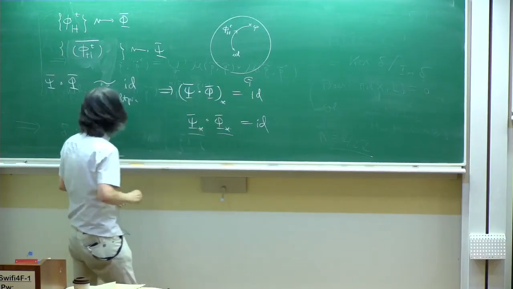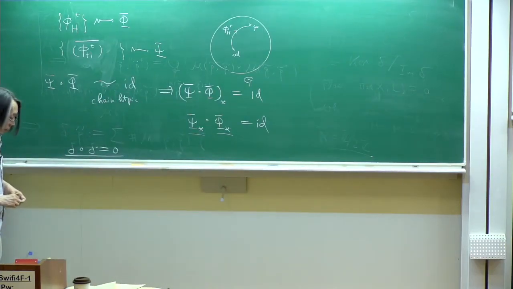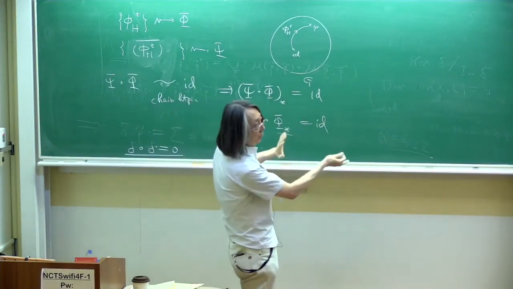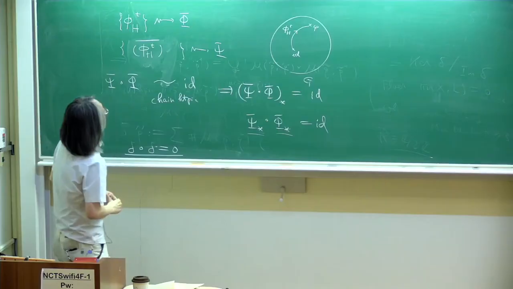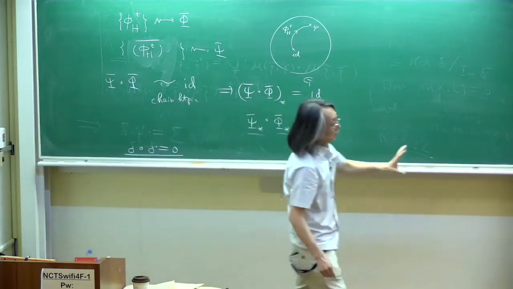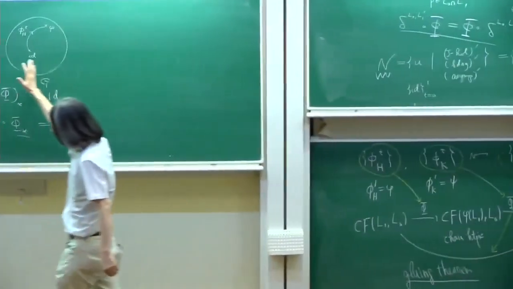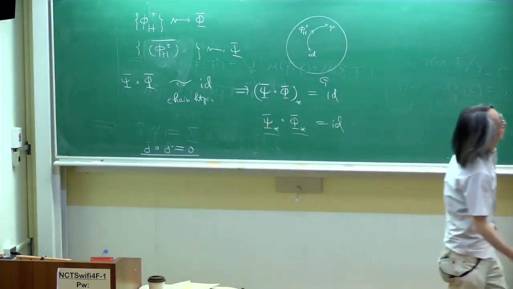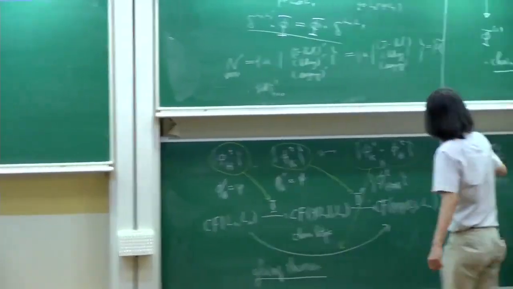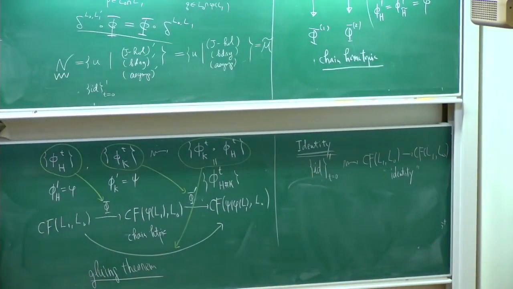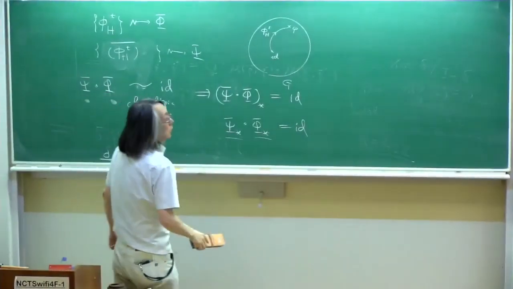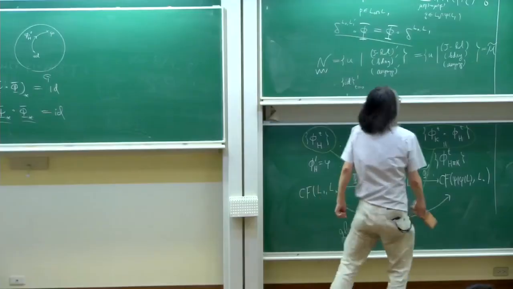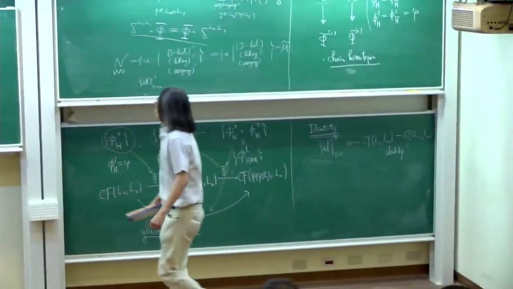And so therefore you can get the chain map which induces the inverse on cohomology. Okay. So maybe this kind of argument may be not precisely correct, but once you have these properties, then actually you can show that they induce isomorphism on cohomology.